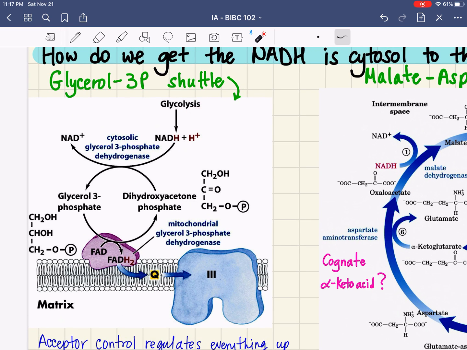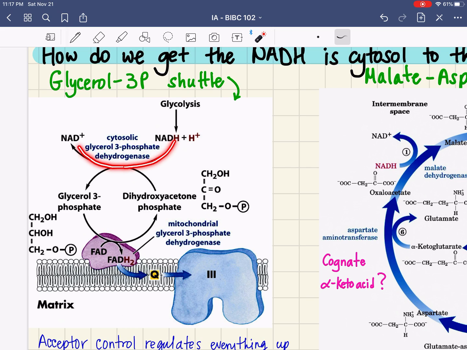Glycolysis takes place. We produce NADH. Then this NADH comes close to the inner membrane of the mitochondria. NADH is used up by this cytosolic glycerol 3-phosphate dehydrogenase.